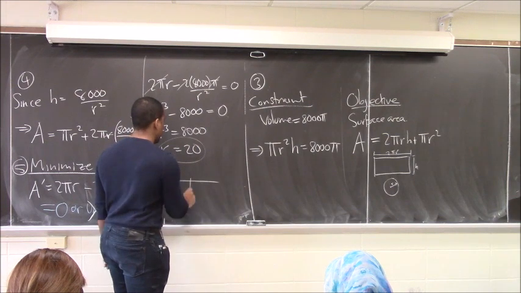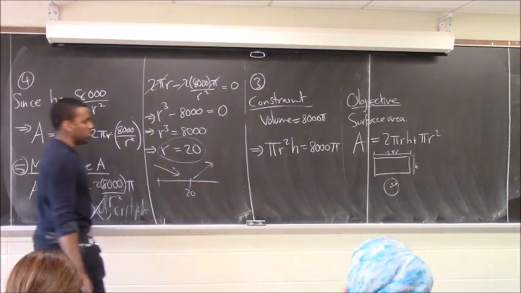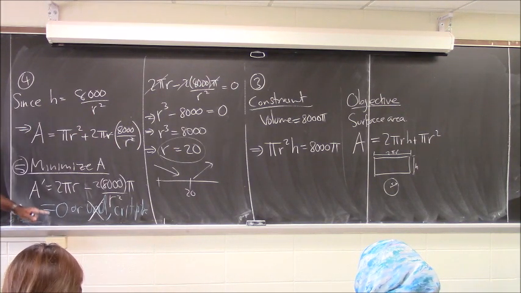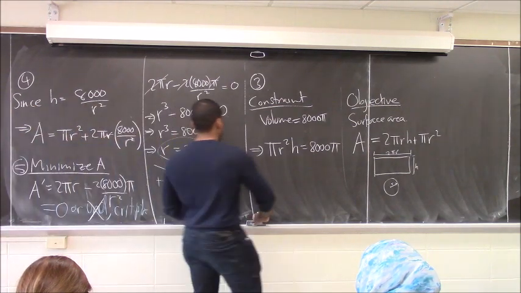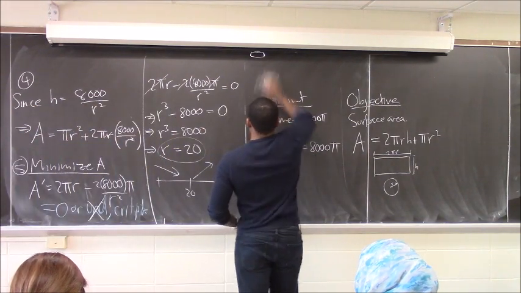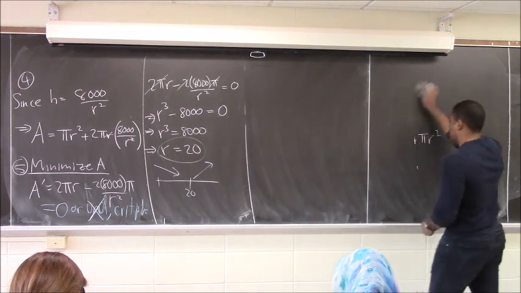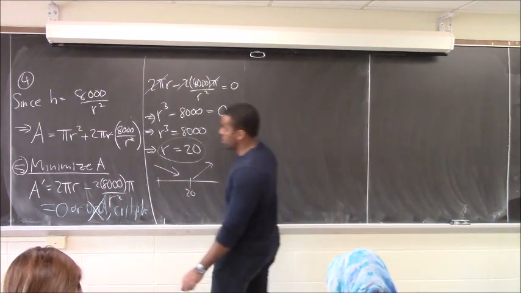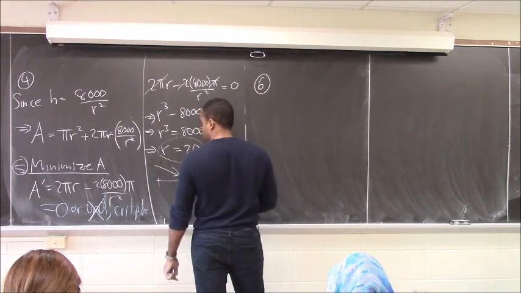Again, I test that. At 20, you realize they're going down. So I plug in like 1 and 21 into the A prime. And again, here we're asked for dimensions. So I'm just going to tell them the length and the height and the radius.